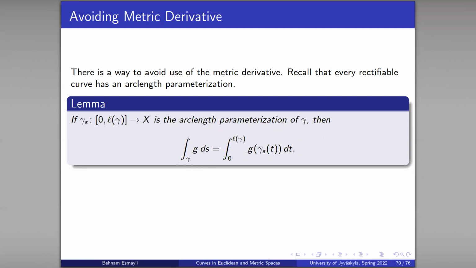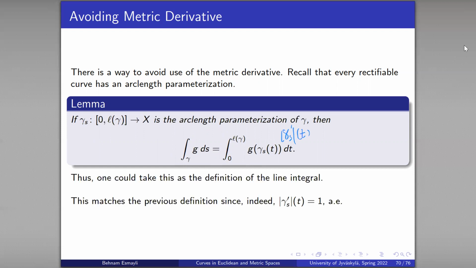So the difference here is that there is no gamma s prime of t. And the reason, in fact, is that if you are parameterized by arc length, then this speed, in fact, is 1 almost everywhere. But that is a claim that needs to be proven. But the take-home message is that we can take this to be the definition of line integral. Then the other definition becomes the lemma.